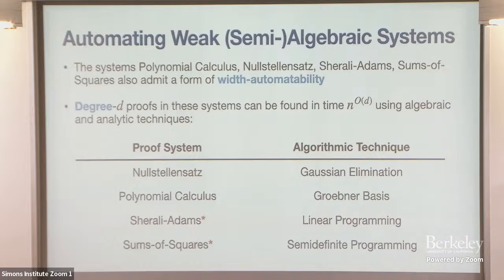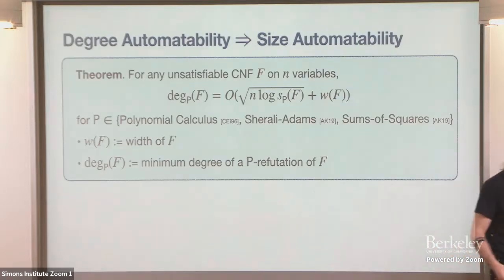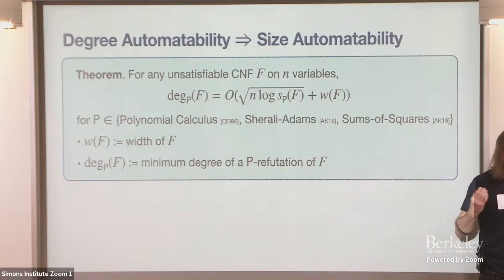And this is nice because these weak algebraic systems, with the exception of Nullstellensatz, but I'll mention that in a second, also satisfy this size-degree relation, just like resolution does, right?